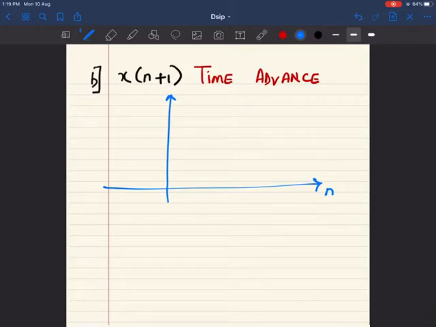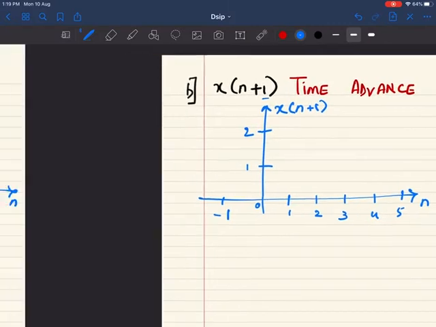This stands for x of n minus 1, plus 1. This is 1, this is 2, this is 0. Advance as in the signal arrives earlier. Now 1 over here means it is arriving earlier by 1 unit.